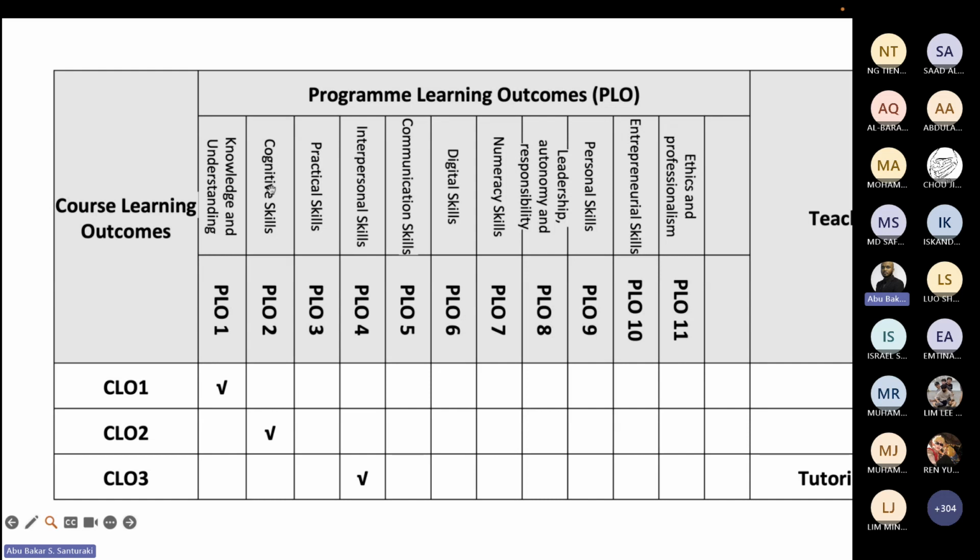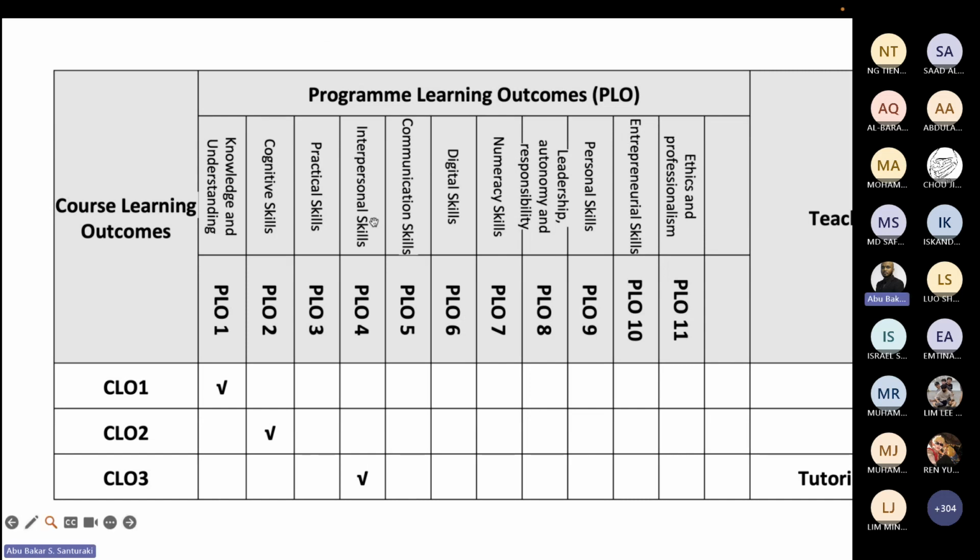Cognitive skills, what you can remember. Practical skills, the tools that you can use. So for example, if you know how to use a software development environment like Eclipse or Notepad or Visual Studio Code, these are practical skills. Knowing how to use Microsoft Word, how to use Excel, these are considered practical skills.